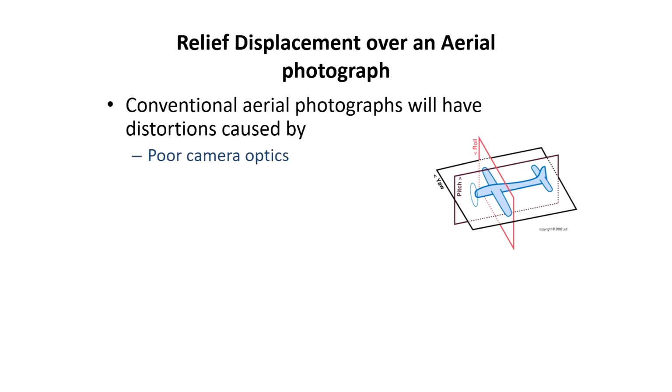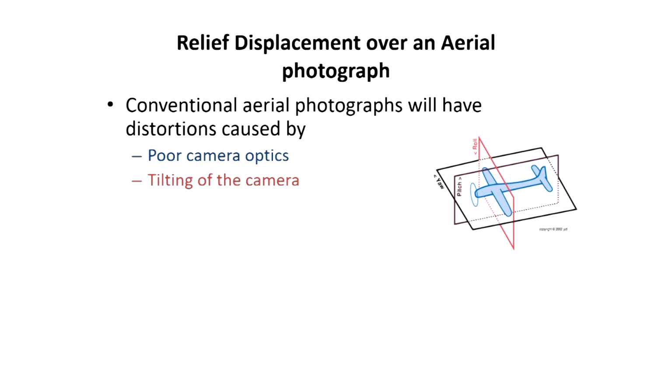So relief displacement over an aerial photograph. Conventional aerial photographs will have distortion caused by poor camera optics. These are the reasons. Okay. Tilting of the camera. So if your camera is slightly tilted, it is not exactly vertical, then also you will have distortion. So that has to be very much taken care of. So nowadays we have automated aircraft which have the gimbal.